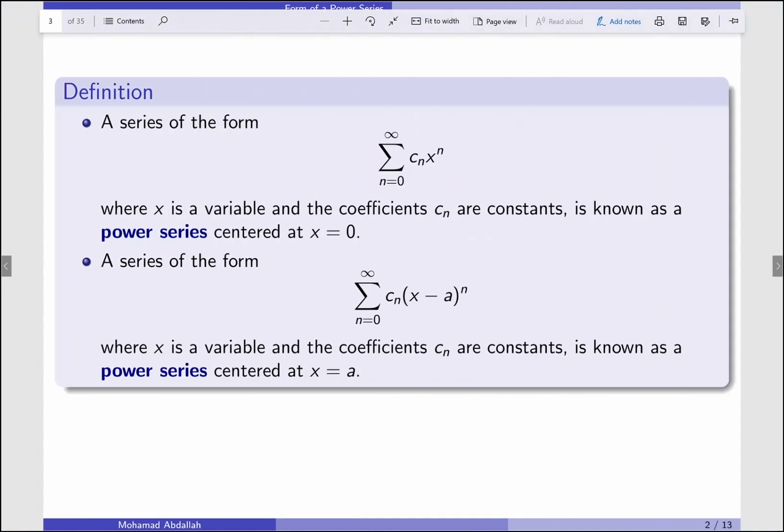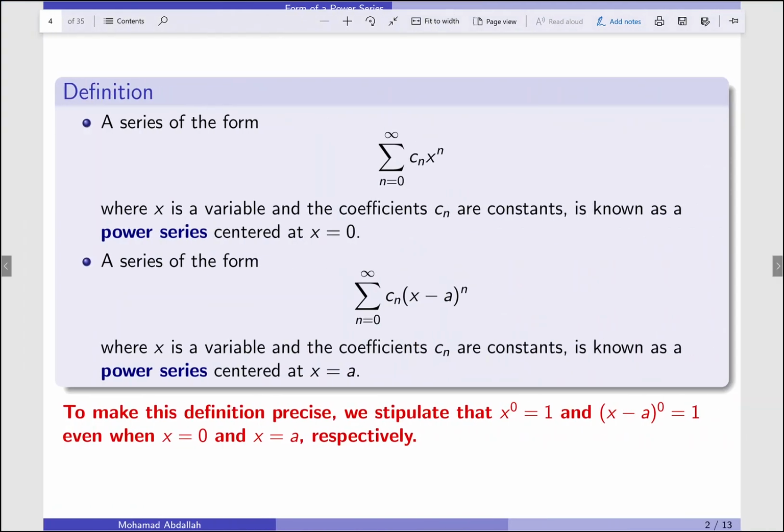In general, this is a power series centered at x equals a. So if you make a equal 0, you get the form that you have above. For simplicity, so that we don't have any problems at 0 and a, we will assume the following: this is always going to be c0 plus c1x plus c2x squared plus etc. Even if x is equal to 0, we assume that x to the power 0 is always equal to 1.